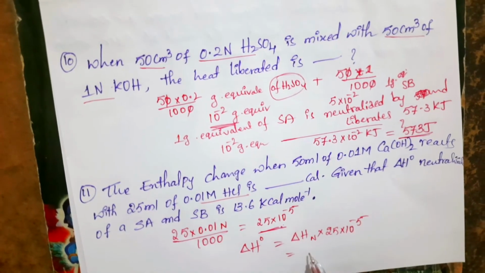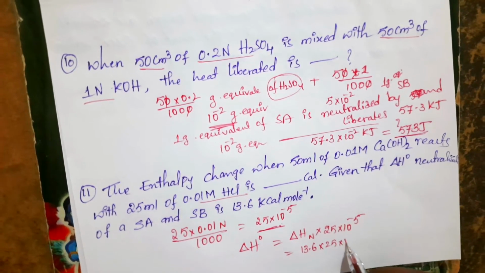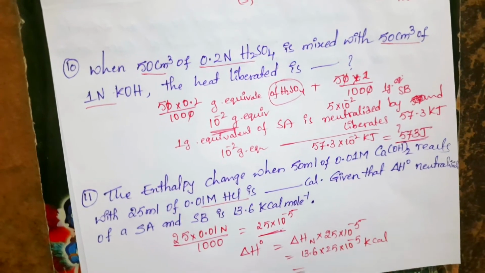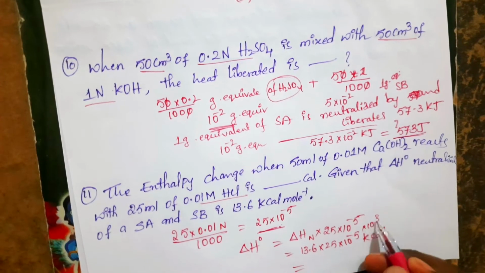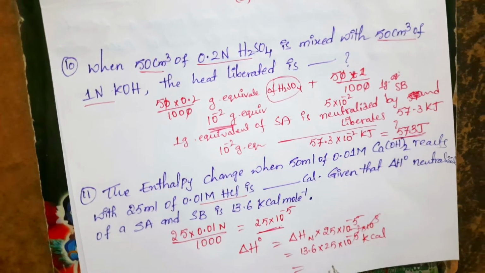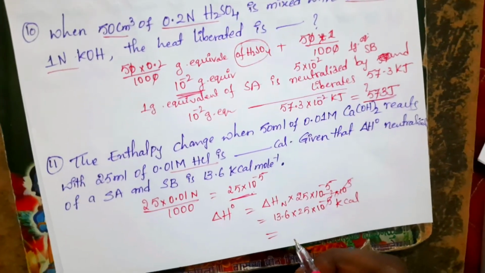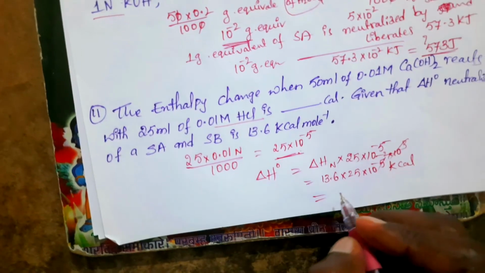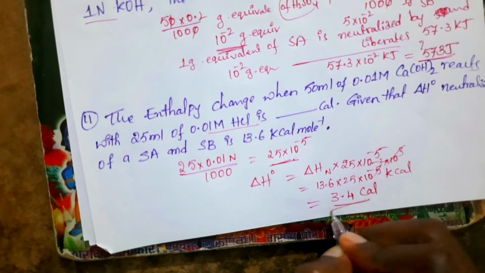So enthalpy of neutralization is 13.6 into 25 into 10 power minus 5 kilocalories we will get. So in terms of calories they are asking, into 10 power 3 you can do. So that is 10 power minus 2, it will be 25 into 13.6. By doing this calculation, how much you will get? 3.4 calories it will be. Is that clear?